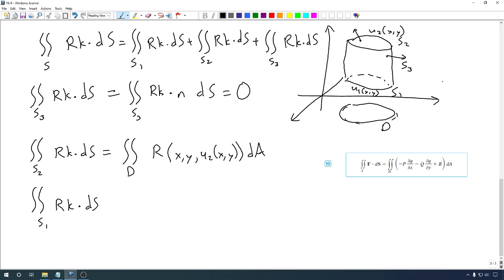So that was horizontal for S3, it was upward for S2, but it's actually downward for S1. And so this formula would not be the correct one to use for S1. But we can fix that pretty easily. We just need to multiply by -1 to compensate. So we just have a negative, the integral over D, doing the exact same thing we did for S2. We have R of x, y, u1 of x, y.